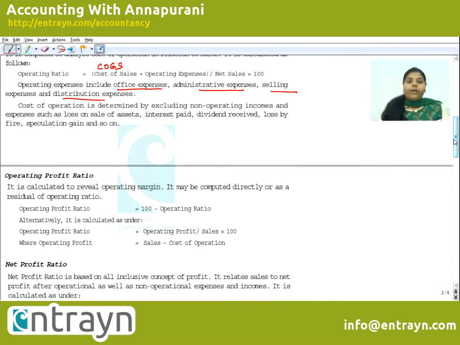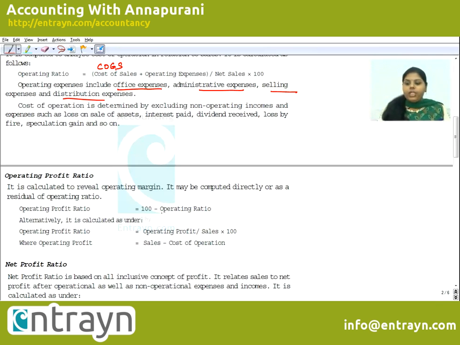The other one: cost of operation is determined by excluding non-operating income. We will look at that in the operating ratio concept; it is actually a part of this. So let's do that. Operating profit ratio is calculated to reveal operating margin. It may be computed directly or as a residual of operating ratio.